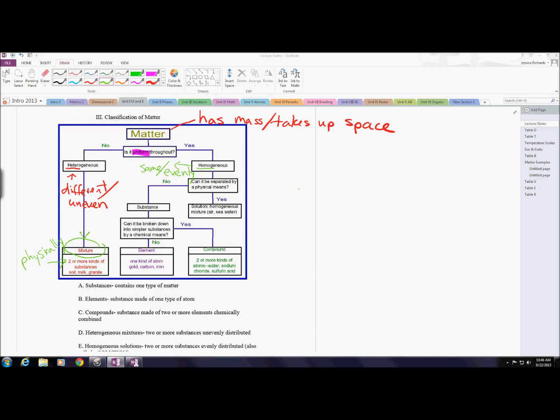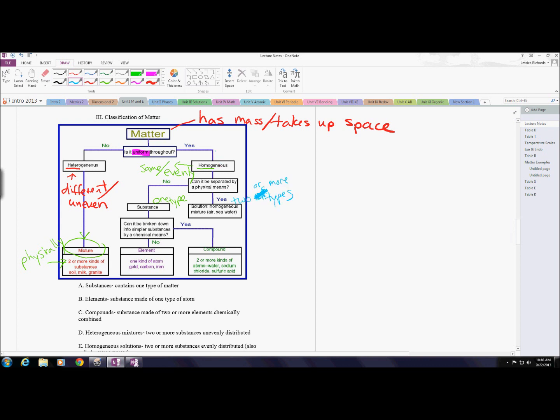Now, homogeneous, again, is an adjective for evenly mixed, and homogeneous is going to come in two big categories. It's either going to be a pure substance, meaning it's made of one type of thing. Or it's going to be a mixture, and a mixture is made of two or more types.